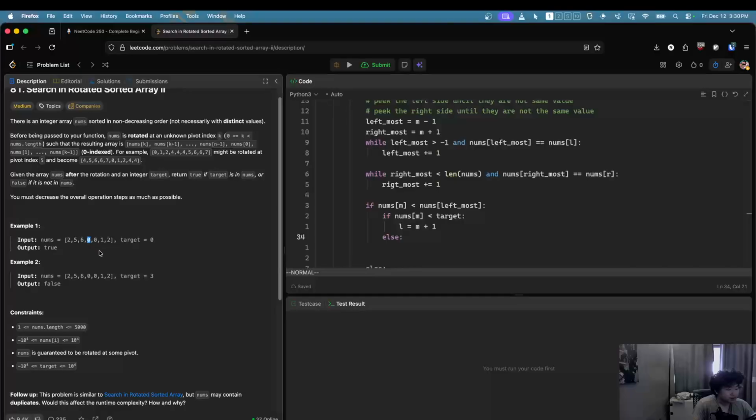Nums is bigger than the target. Oops, what am I saying? Nums is bigger than the target. For like this case, we need to actually go towards this way. Oh, wait. Does that make sense? Nums of the middle is smaller than this.